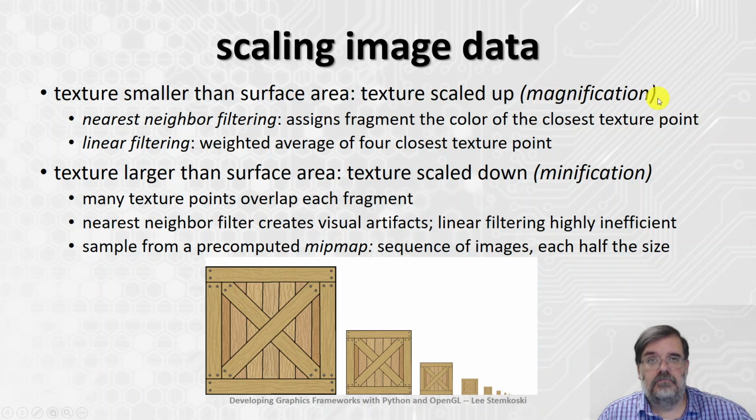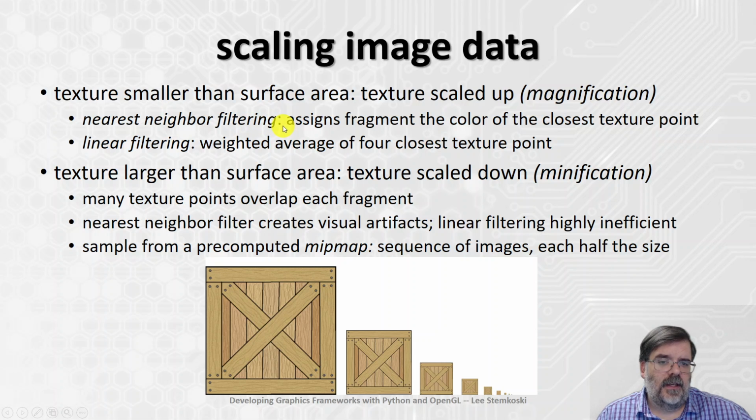And that's called magnification. There are a few different algorithms that are commonly used to figure out which colors in the texture will be used to determine the colors of a fragment. One of these is called nearest neighbor filtering.